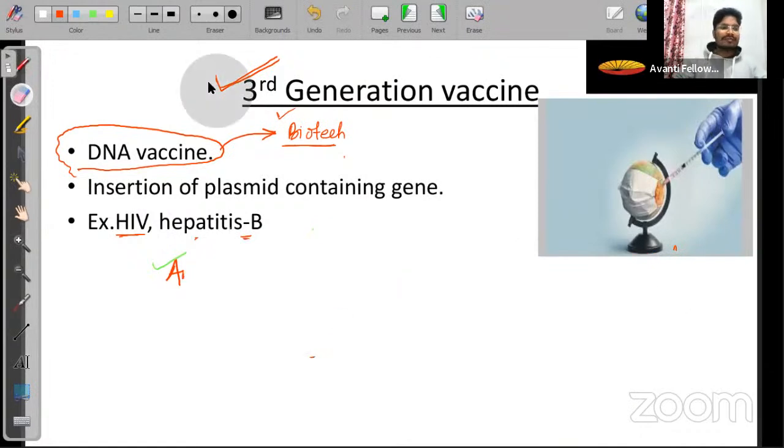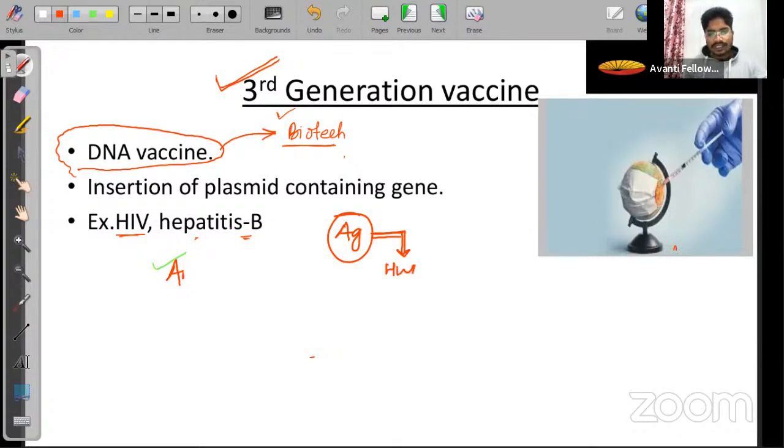What is done is, antigen is there, right? And this antigen will be given to the human cell.